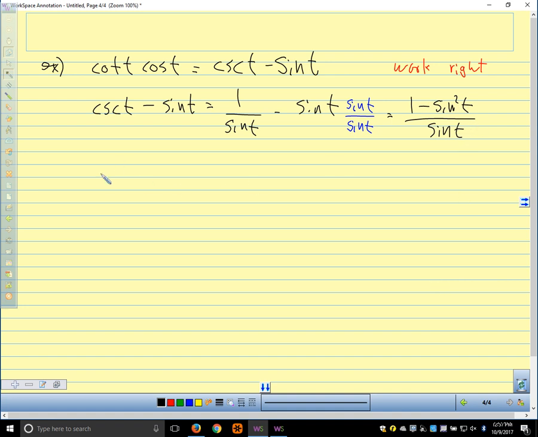One minus sine squared is cosine squared. I can write that cosine squared t as cosine t times cosine t over sine t. And cosine over sine is cotangent, so I get cotangent t times cosine t.